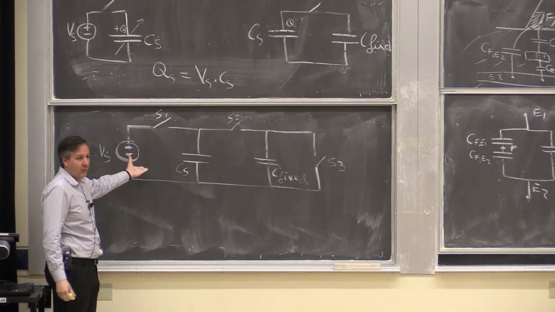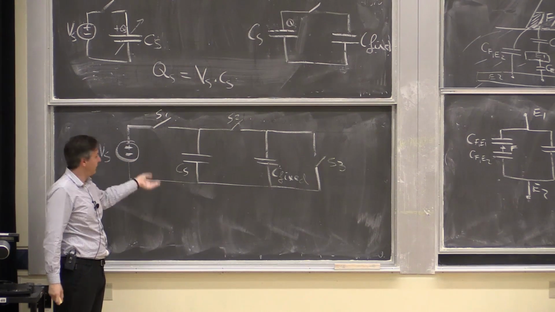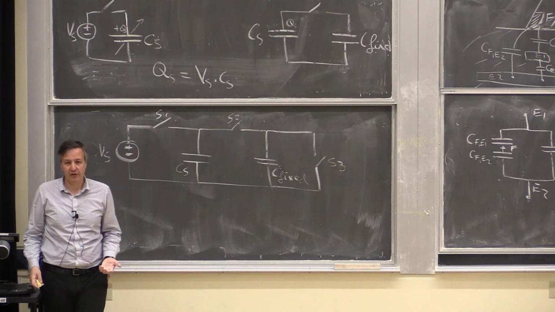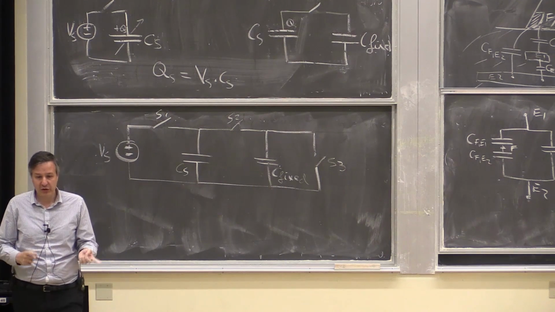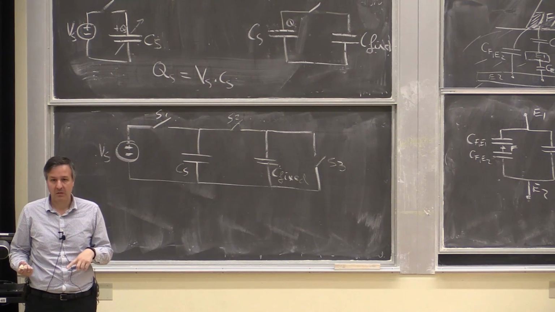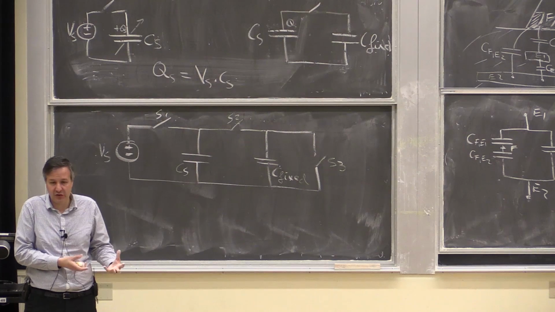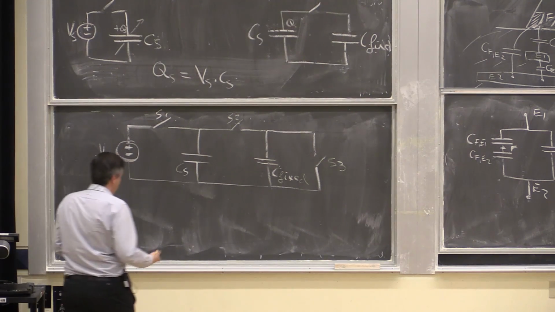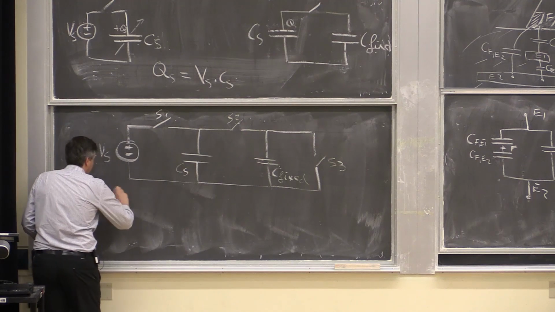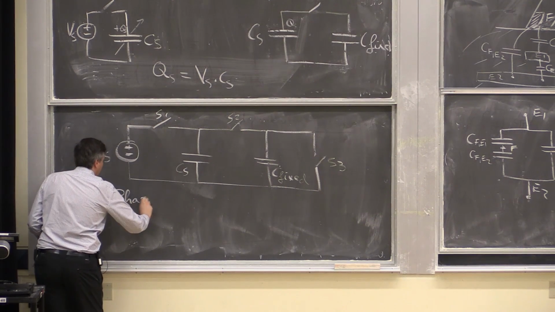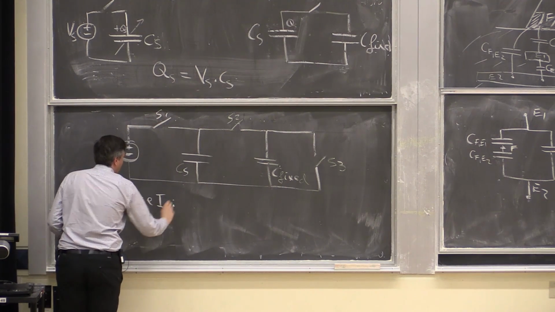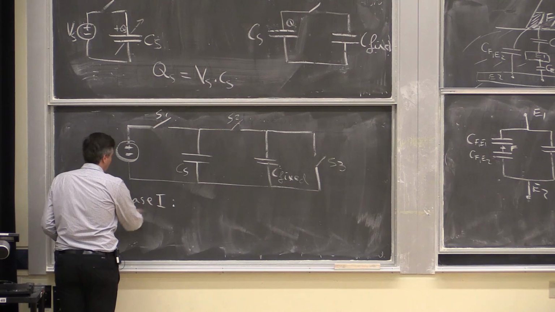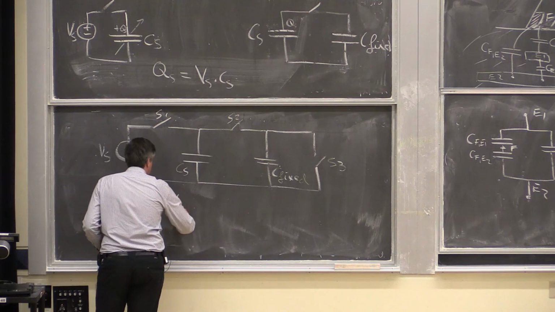Now, when I draw something like this, or you draw it, this is not a full specification of the circuit. You need to say which switch is on and in what phase, right? Because that will tell us how the circuit works. Like this, you have no idea. So in phase one, we'll call this phase sense.